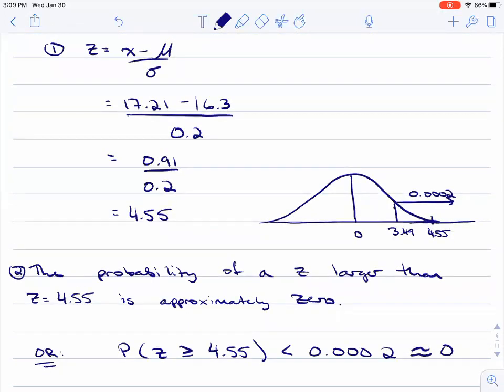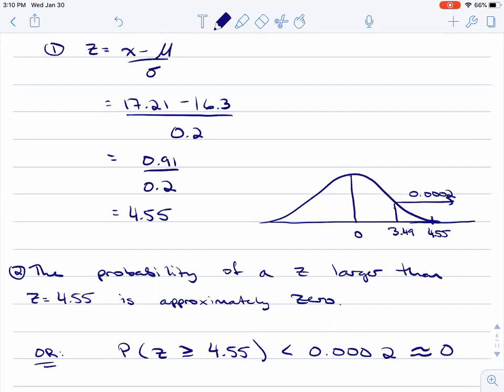Because if you go to 3.49, it'll give you 0.9998, which makes the area in the tail 0.0002. Often what you'll find is that we'll be interested in the tails, and so we'll get used to doing this.